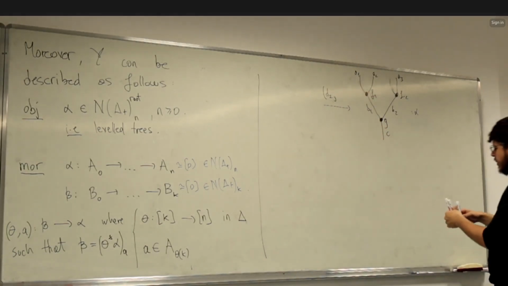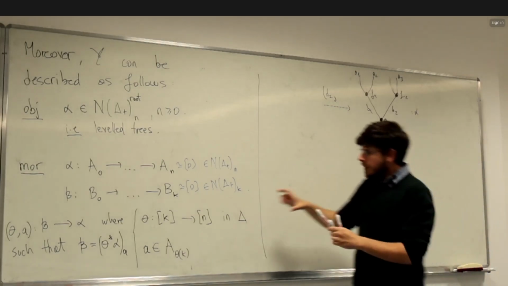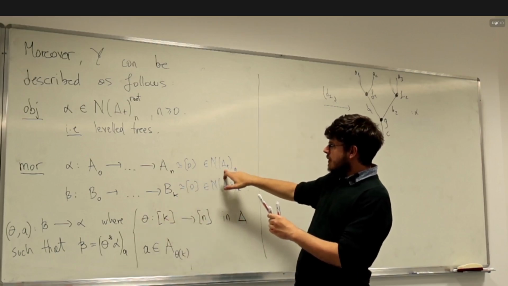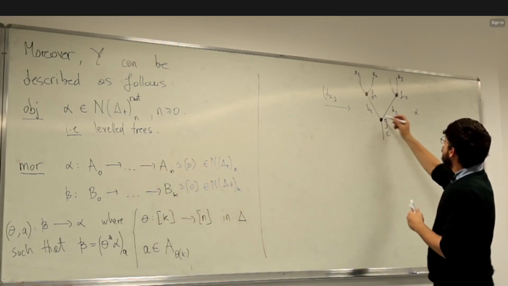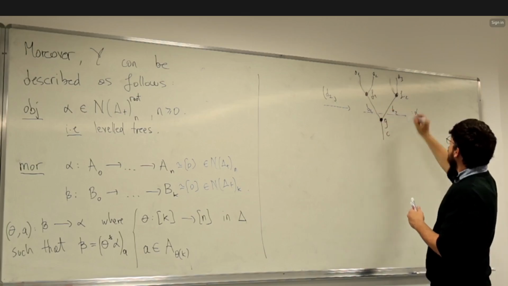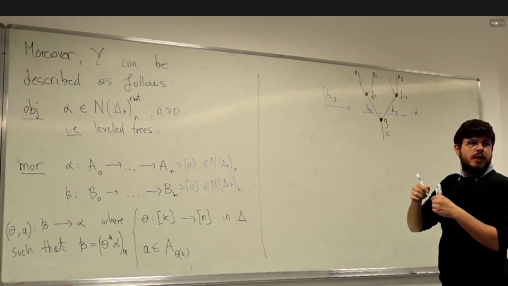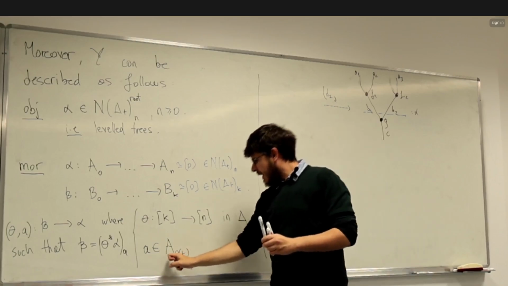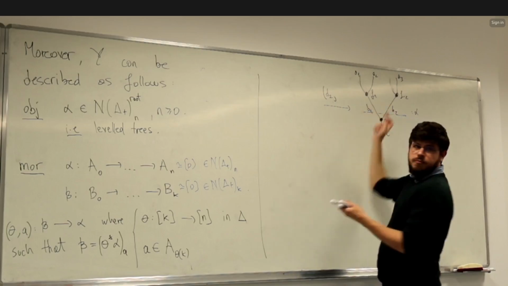So when you do the D2 face, I mean, first view alpha as a simplex in delta plus. Okay, so you kind of cut the root. So you do the D2 face, and what you're left with is a sequence of things. And then picking an element of A theta k means you choose one of these roots.